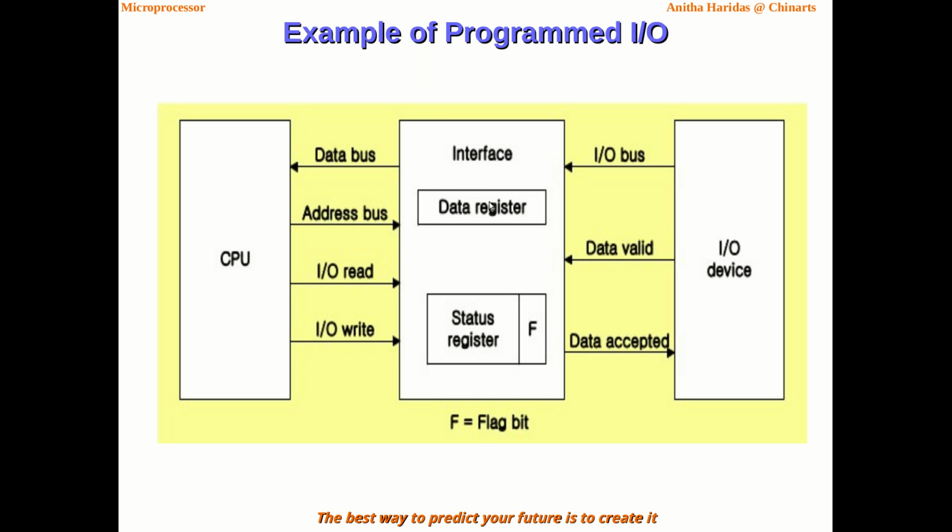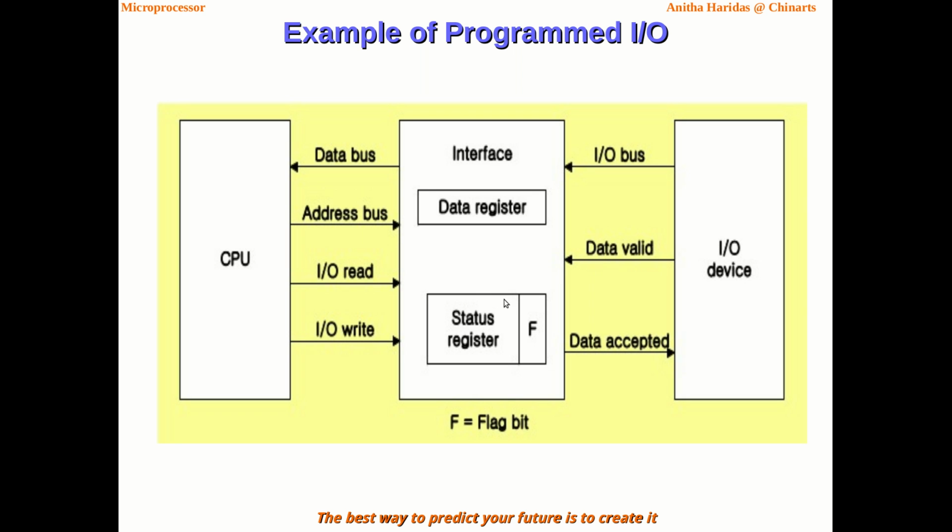So that means the input value is ready for the CPU to receive. The input data is available in the buffer. Now the CPU can receive the data. So by then the flag bit will be set. How will it be set? There is a data valid line coming in.